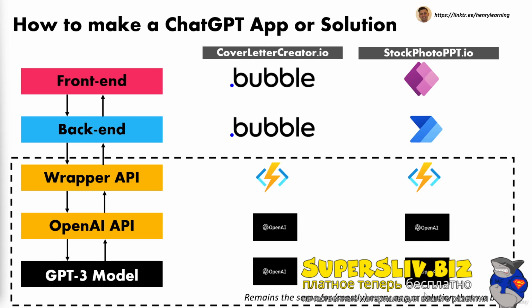And this makes things easy for you as well, which means if you want to create a new platform, all you need to do is you need to switch around what goes on the front end and back end, and you can create an application that way. So once you've created the wrapper API, the OpenAI API, the GPT-3 model, once you've set up the linkages here, then everything else works really, really well. And you can put that into any single solution or application you want.